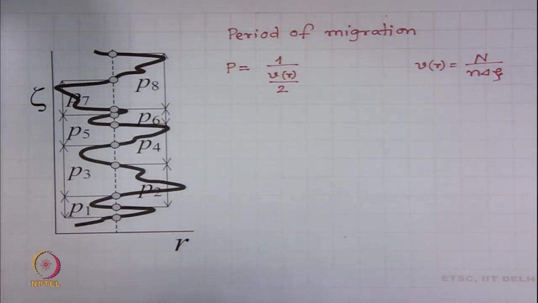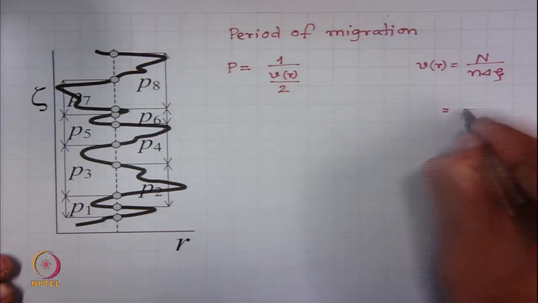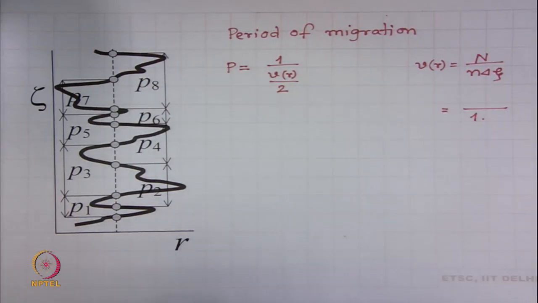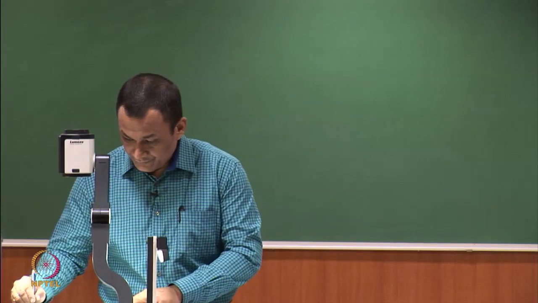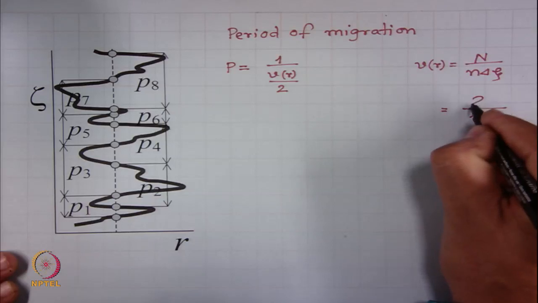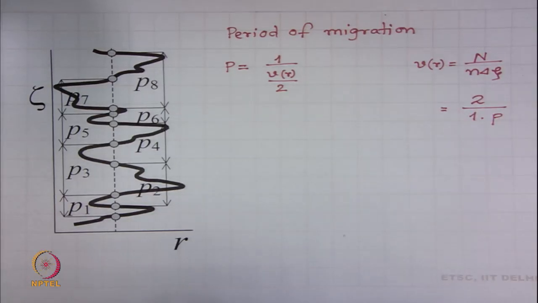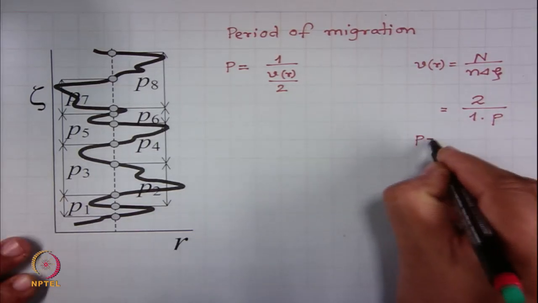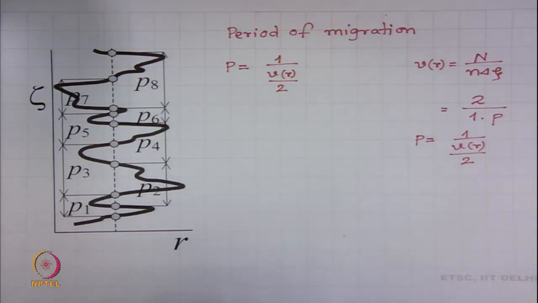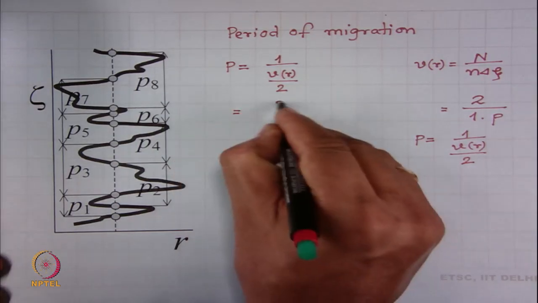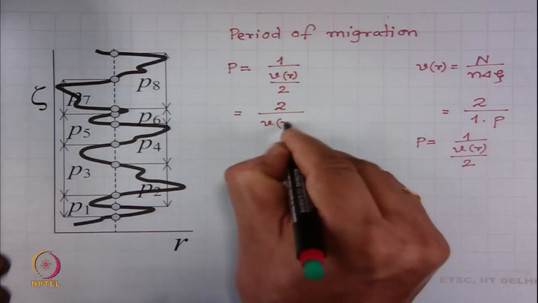So, when small n is equal to 1, how many fibers or fiber segments will intersect the axis in order to get a period p? 2. So, nu r is 2 by p, right. So, we can write period is here now varying.